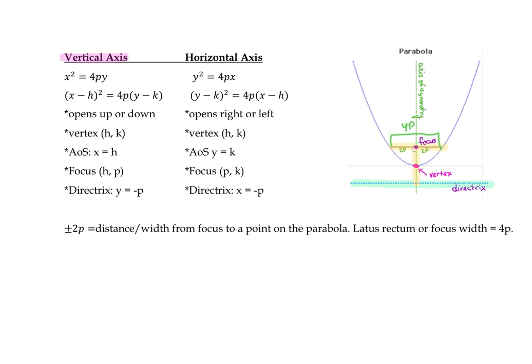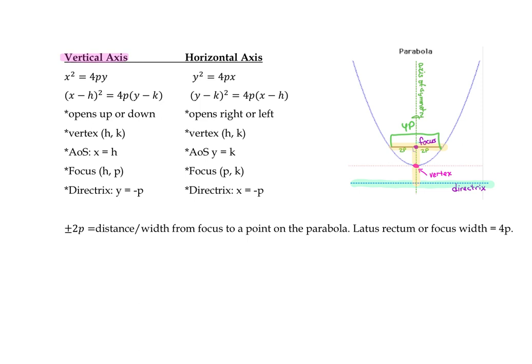And then when we have a horizontal axis, it's y squared equals 4px, and y is what's squared, so these things open left or right. Vertex is still (h, k), so you have to be careful because it's in a different order. The axis of symmetry is y equals because these are opening sideways.